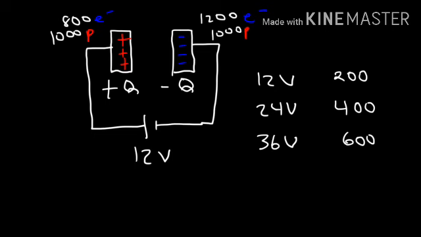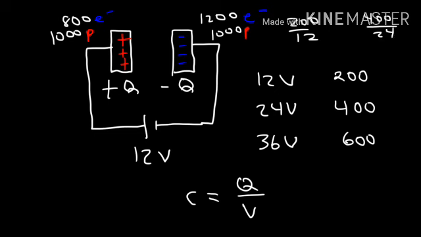The capacitance is basically the ratio between how much charge we can store divided by the voltage level at that point. So if you were to divide 200 by 12, it's going to be equal to 400 over 24.